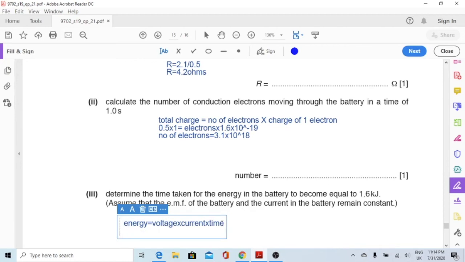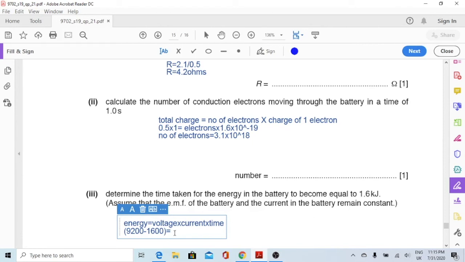The change in energy is 9200 joules minus 1600 joules, and 1600 comes from here. I converted kilojoules to joules, making it SI units, so this becomes 1600 joules is equal to voltage. They say assume that the EMF of the battery and the current in the battery remain constant.